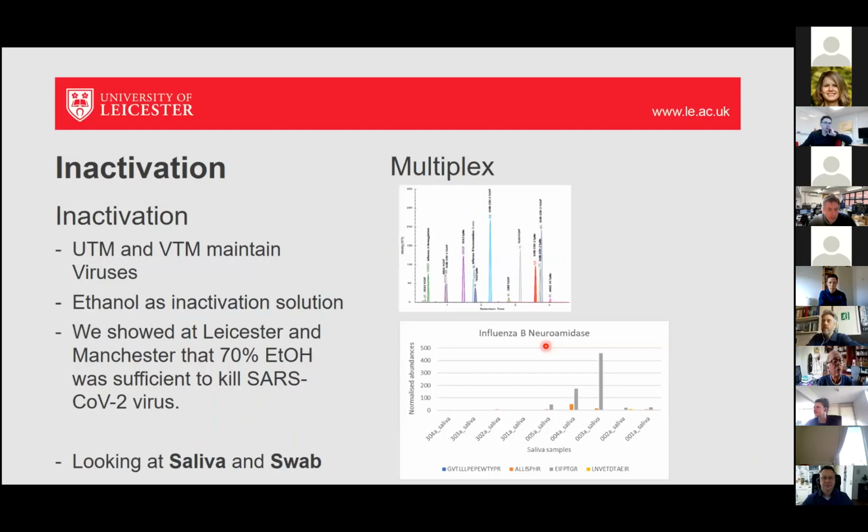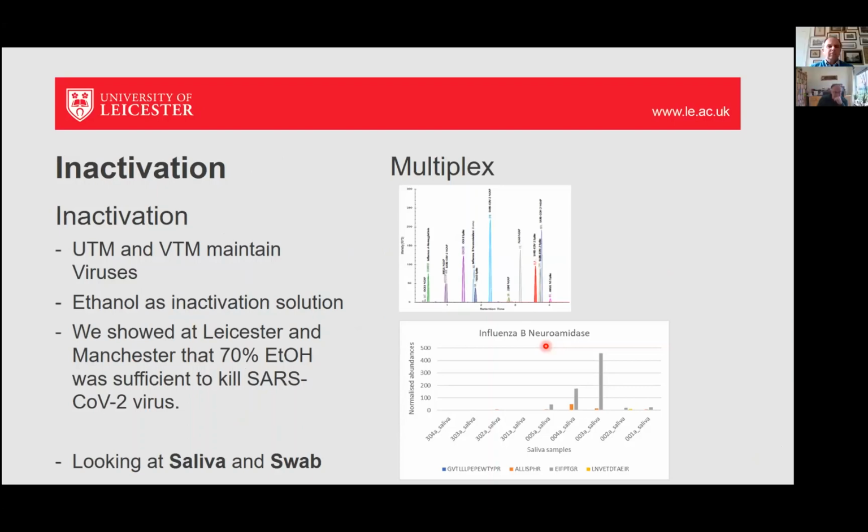There are many issues with UTM and VTM, but one is that they maintain the viruses. So to prepare them, you have to use a category 3 safety hood, which not everybody has access to. So we were very keen to have an inactivation solution from the point of sample collection.